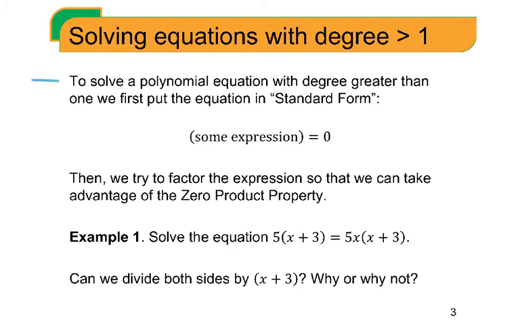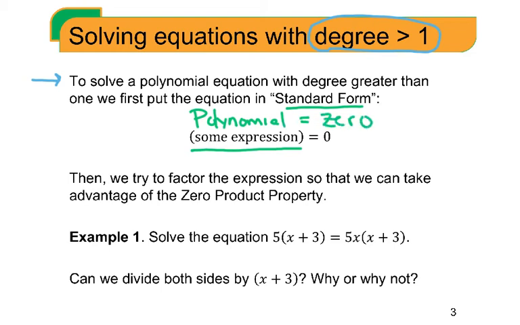So if we want to solve a polynomial equation where the degree is bigger than 1, we want to put that equation in what we call standard form. You have the expression, which for us right now is a polynomial, on one side and 0 on the other.